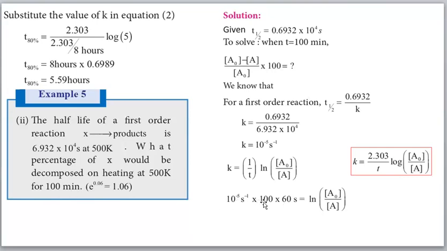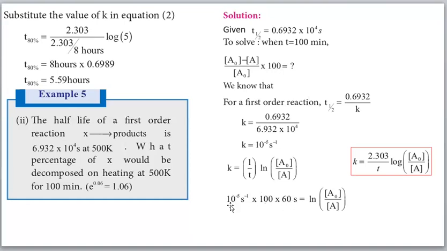Then we can multiply these values. Here 100, here 60, so we will get 6 into 10 to the power 3. Here 10 to the power minus 5, so we'll get 6 into 10 to the power minus 2. When we change the decimal point, we will get 0.06.